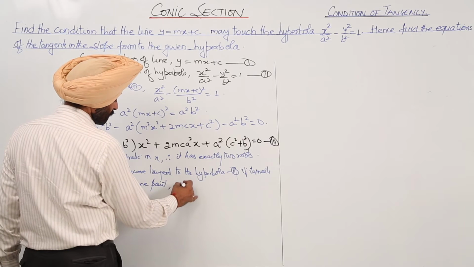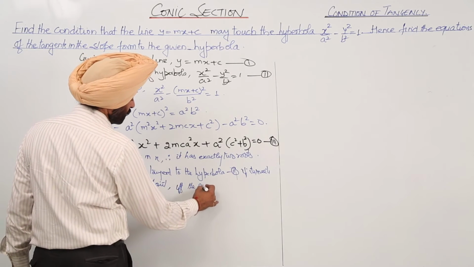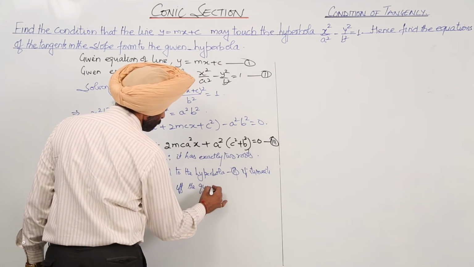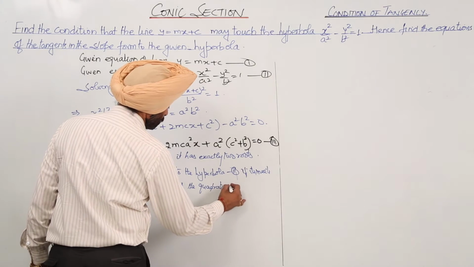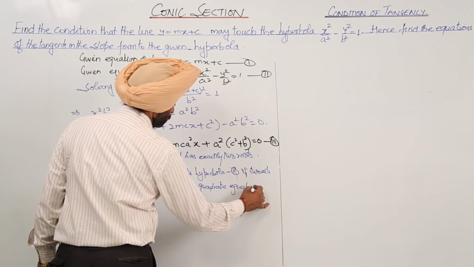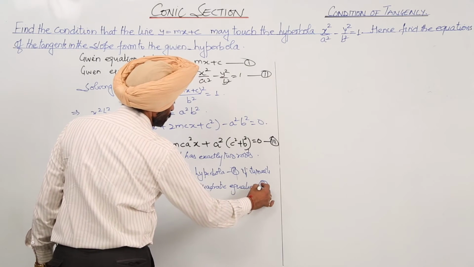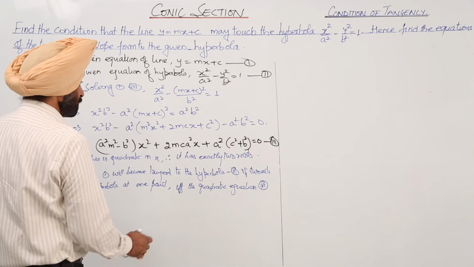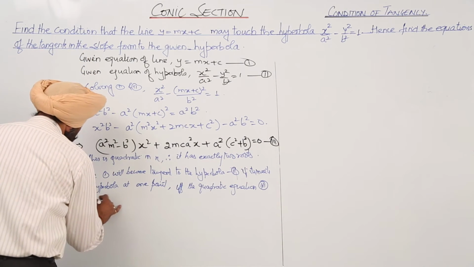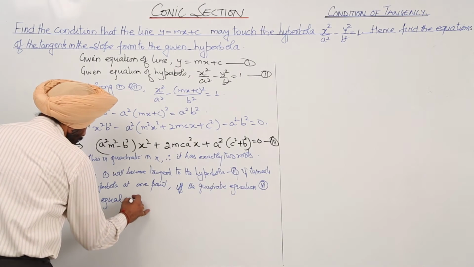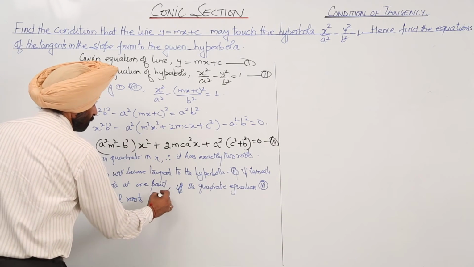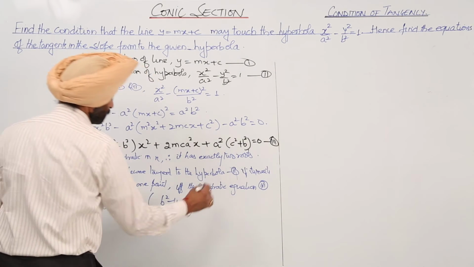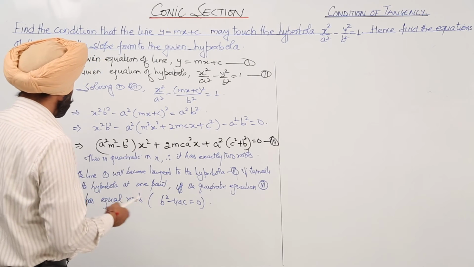That is, if the quadratic equation 3 has equal roots, b square minus 4ac is equal to 0. Is it clear?